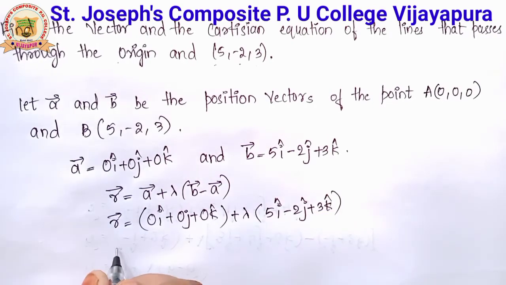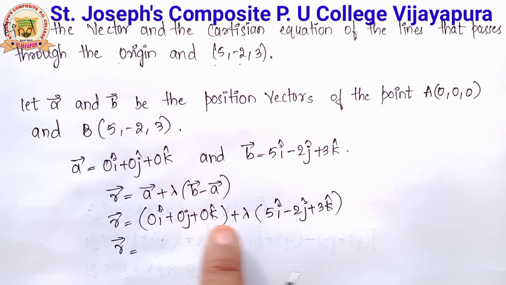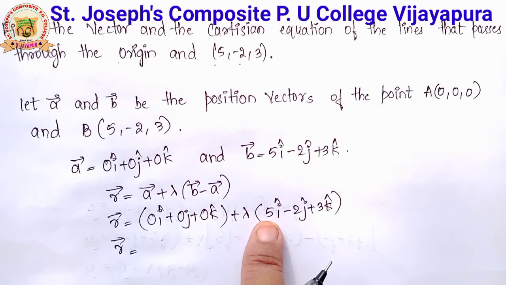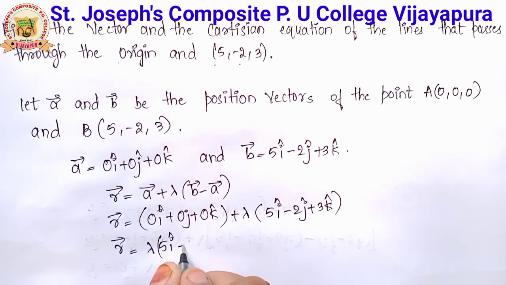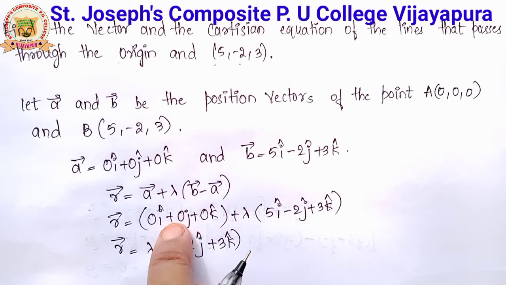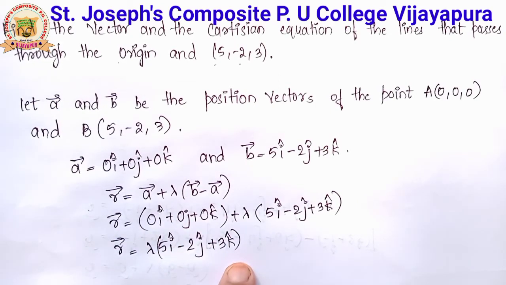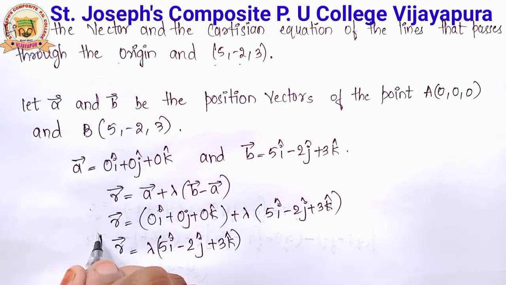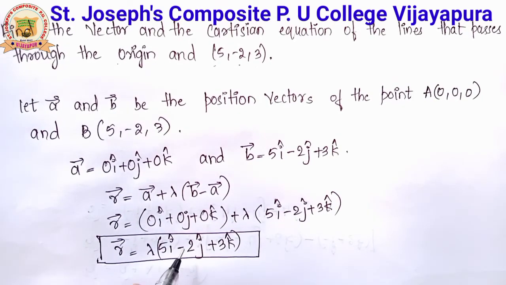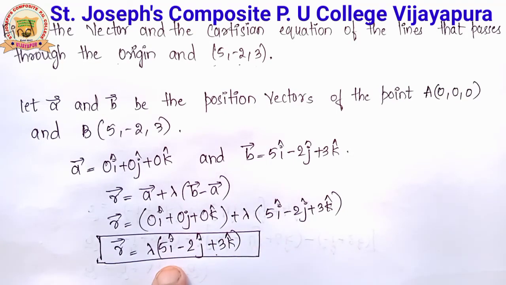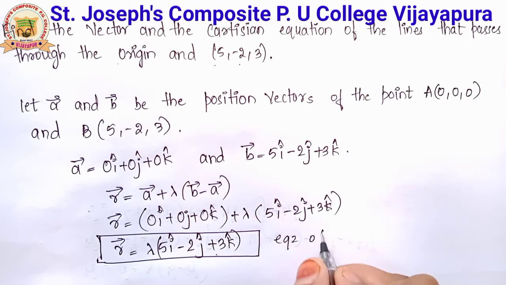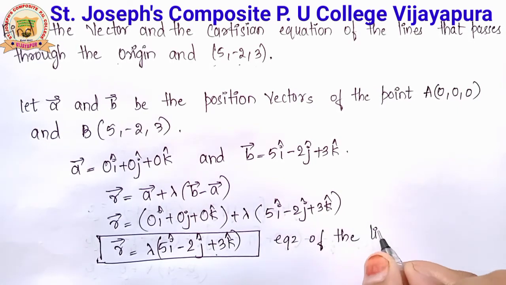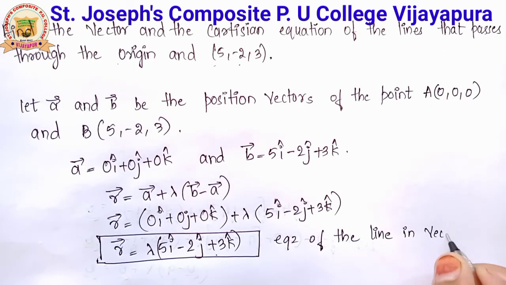Then r vector is equal to 0 vector plus lambda times (5i minus 2j plus 3k). On adding the 0 vector, we get the required equation of the line as lambda times (5i minus 2j plus 3k). This is the equation of the line in vector form.